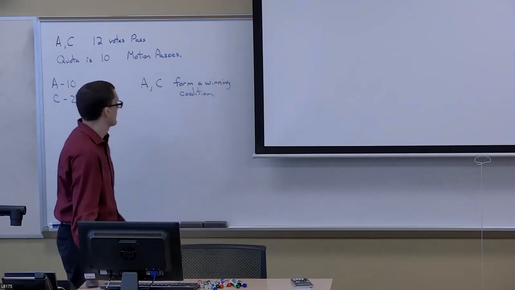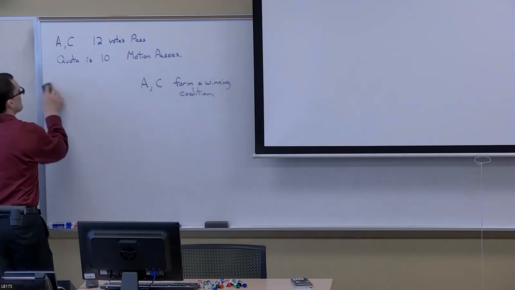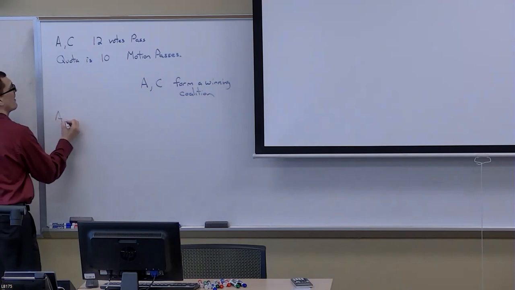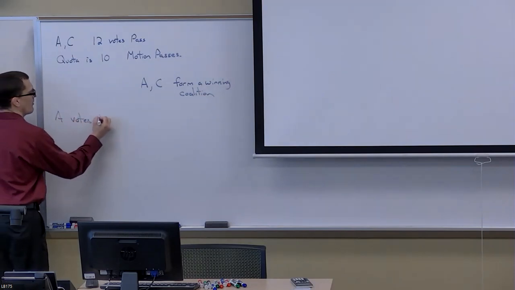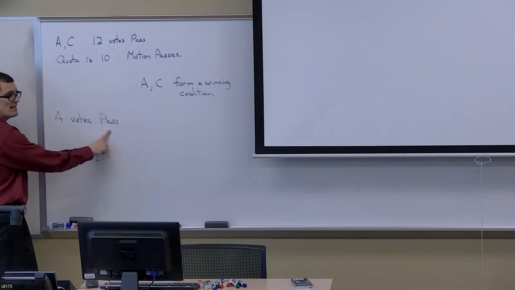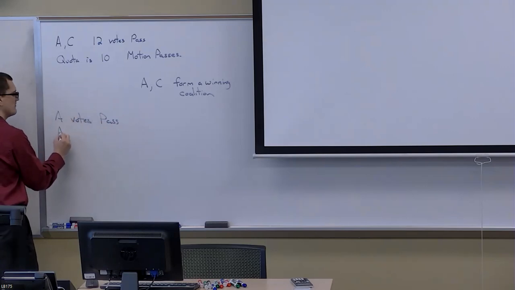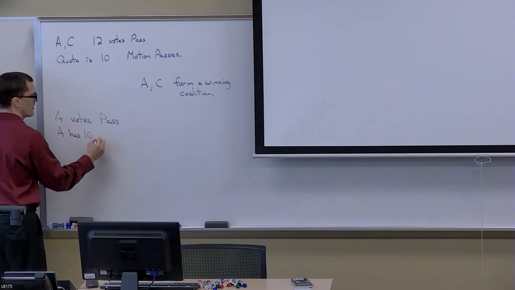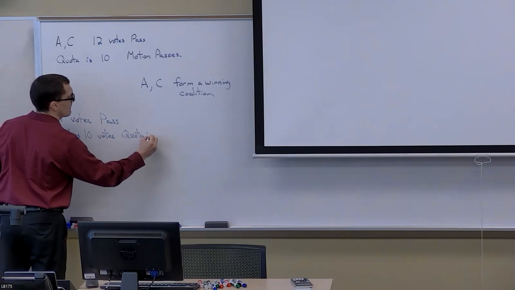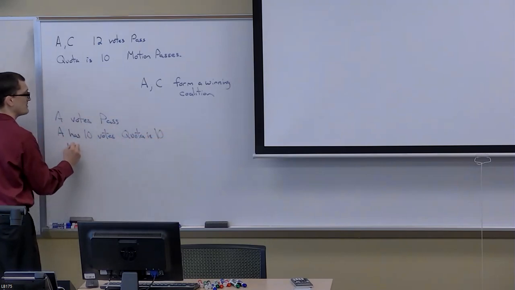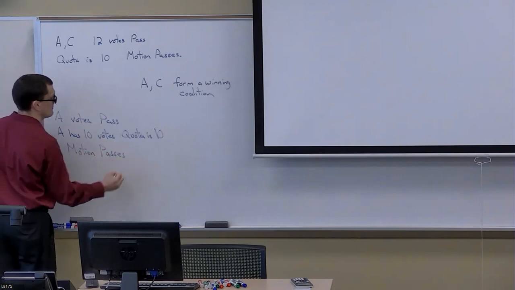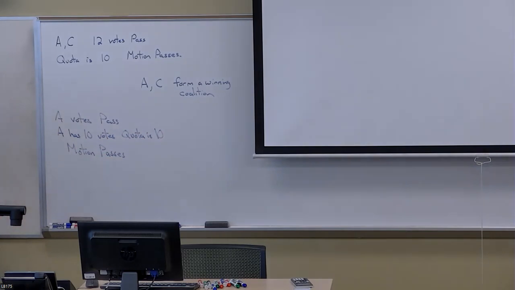Now, A and C are not the only winning coalition. In fact, because A had 10 votes, if A were the only individual that voted to pass, A has 10 votes. The quota is 10. So the motion passes. Good, follow that?